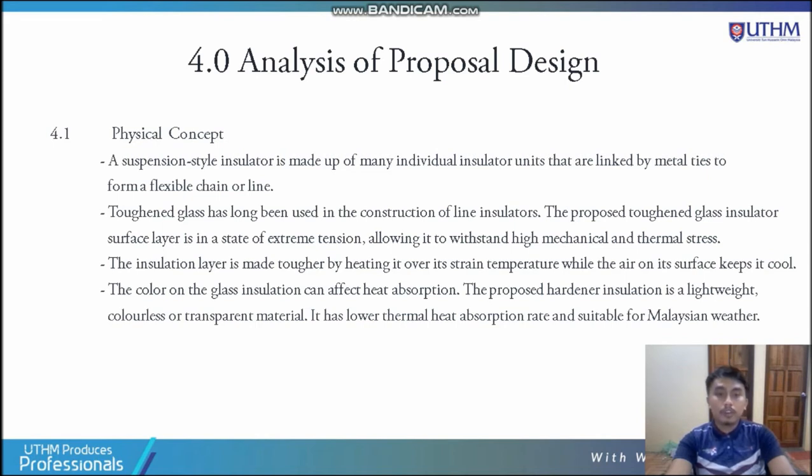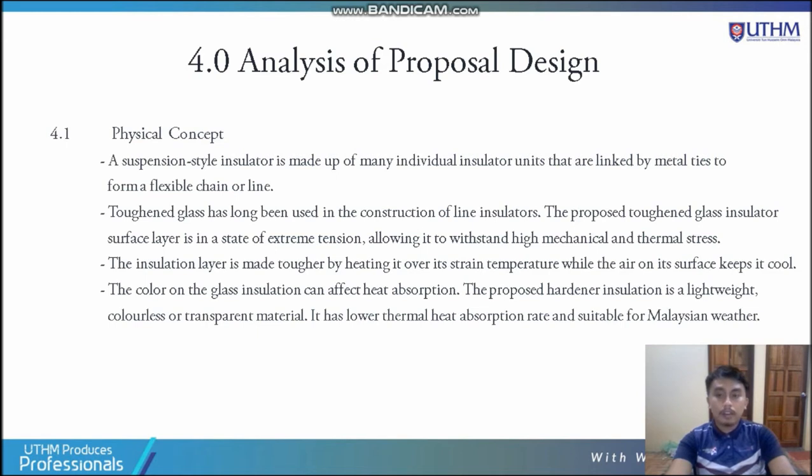The proposed toughened glass insulator surface layer is in a state of extreme tension, allowing it to withstand high mechanical and thermal stress. And the third is the insulation layer is made tougher by heating it over its strength temperature while the air on its surface keeps it cool.